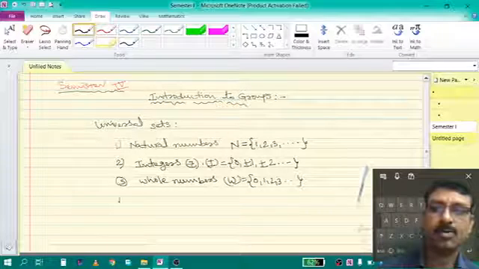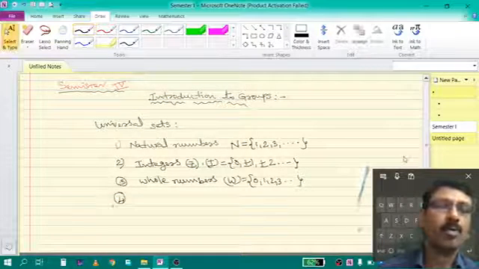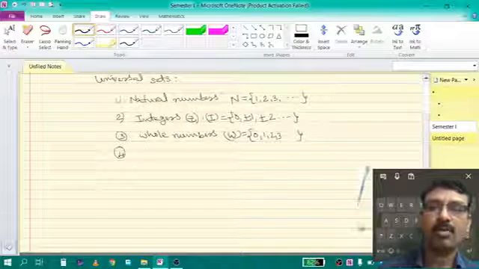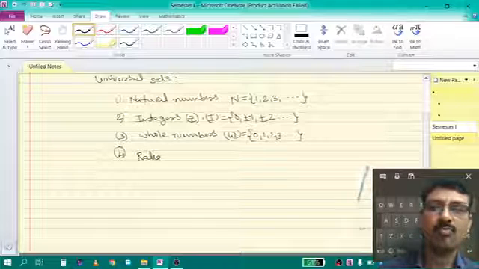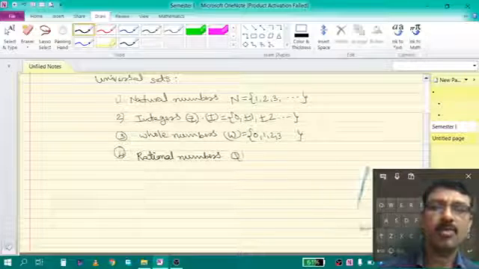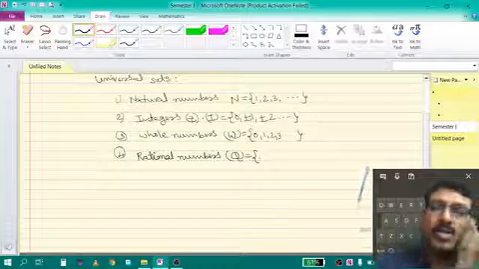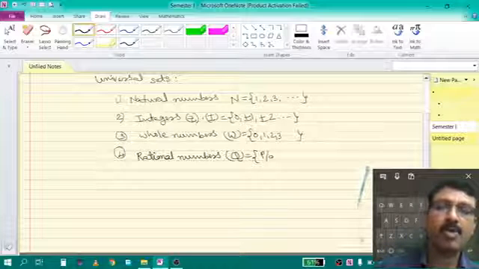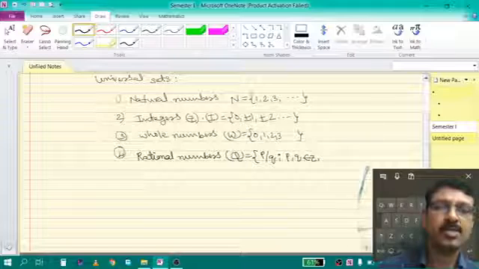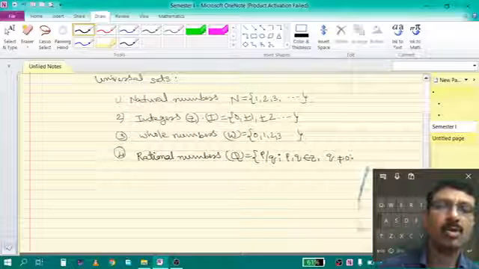Next, after that we have rational numbers. Rational numbers are generally denoted by Q, containing all fractions like p by q, such that p, q are taken from the set of integers and q should not be 0.